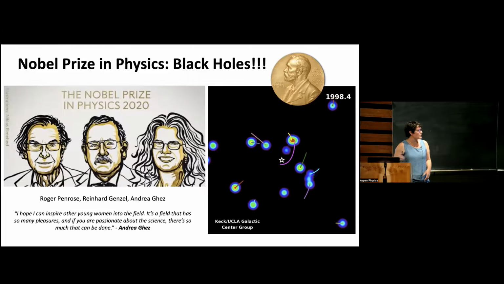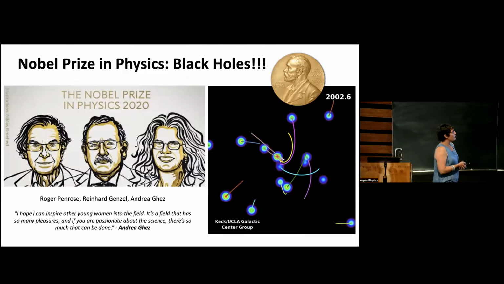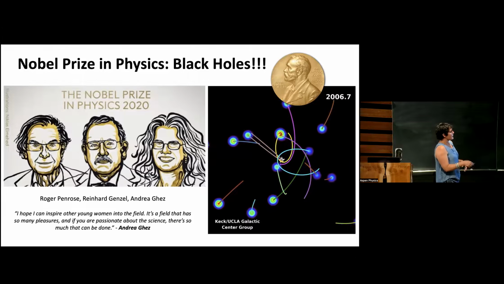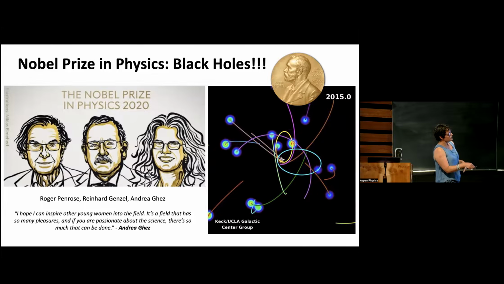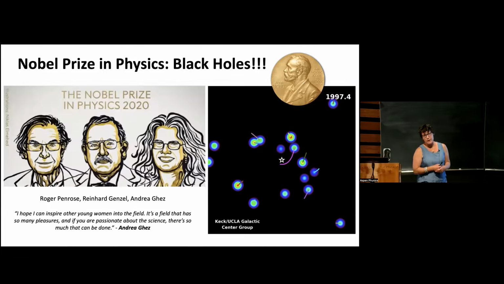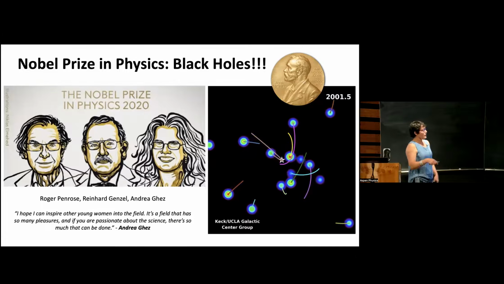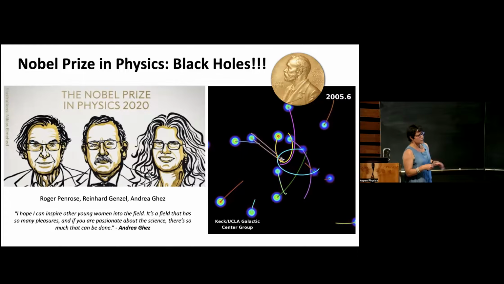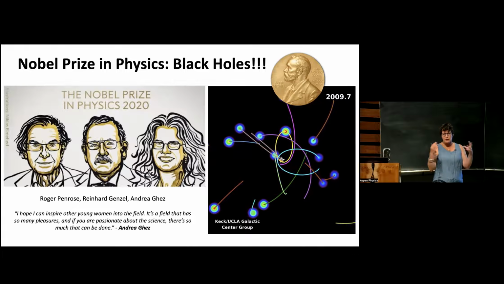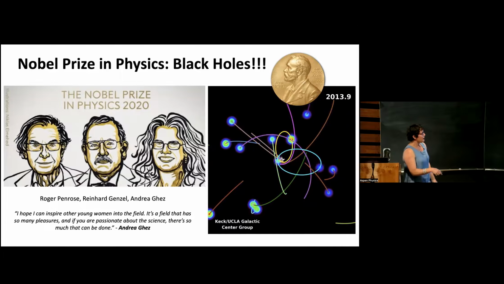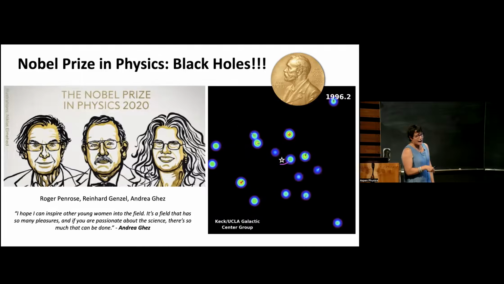And then of course, this really exciting Nobel Prize for our field to Andrea Ghez and Reinhard Genzel alongside Roger Penrose. These are these two teams that have been tracing out these stellar orbits in the Galactic Center. These are colorified for you, but these are real data of stars orbiting around the supermassive black hole. And the star is just there to guide your eye.